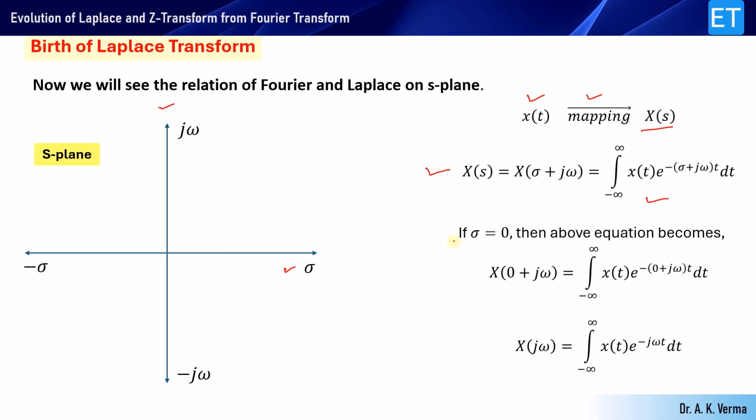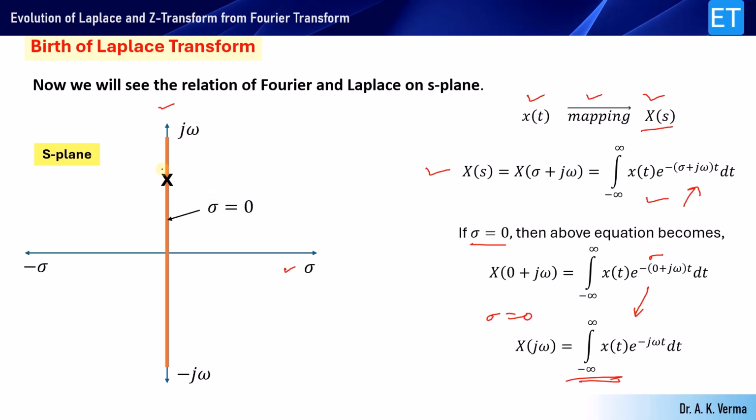Now if I keep sigma equal to 0 in the Laplace equation, this Laplace becomes the equation of the Fourier. So Laplace becomes Fourier when sigma equal to 0. So where is sigma 0? Obviously sigma is 0 only on this vertical axis, the j omega axis.